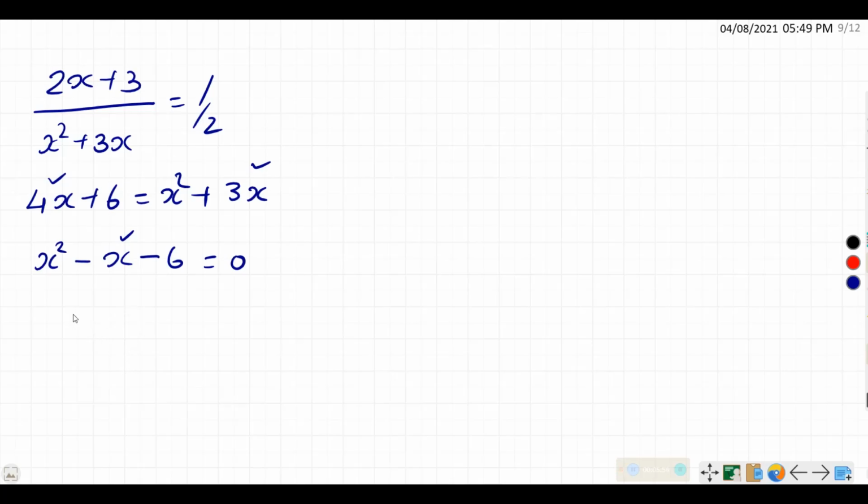Now we can solve it by applying the principles of solution for quadratic equation. We can split the middle term and proceed, in which you are an expert now. It is x square minus x minus 6 equals 0. 3 and 2 will solve the problem.